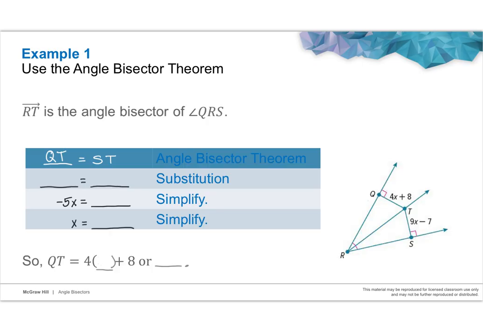So we have 4x plus 8 set equal to 9x minus 7. Moving some terms around, we get that negative 5x would be equal to negative 15, or x equals 3. And when we substitute that 3 in to find the value of QT, we get 12 plus 8, or 20.